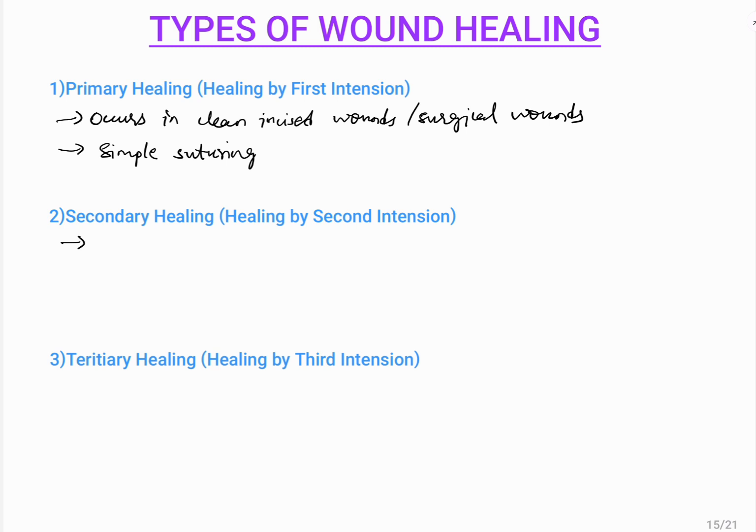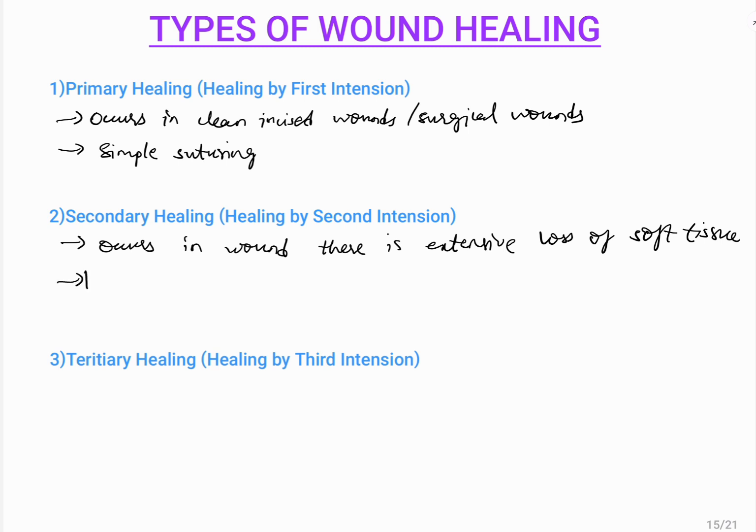Whereas secondary healing occurs in the wound where there is extensive loss of soft tissue. The re-epithelialization occurs from the dermal elements which are present at the site of injury.